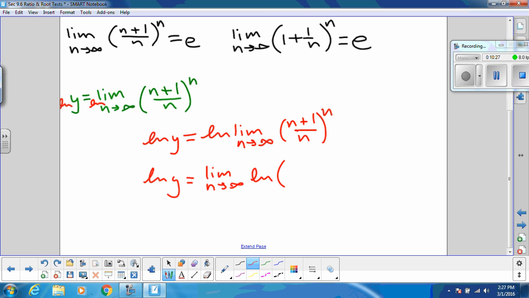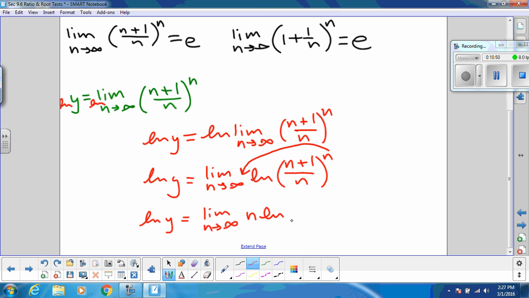And the reason we want natural log is so that we can bring that power in front of my natural log. So that's always our technique. When we have a variable raised to a variable power, we use that natural log, either in differentiation or with our limits.